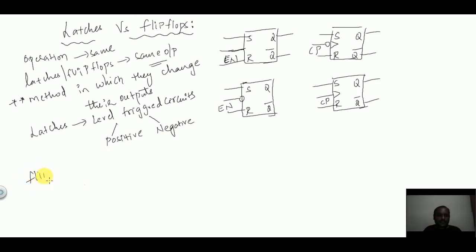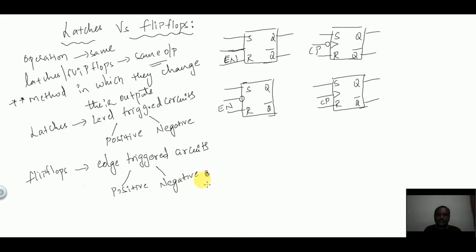And flip-flops are edge triggered circuits. Similarly you have two types again: positive edge triggered circuits and negative edge triggered circuits.